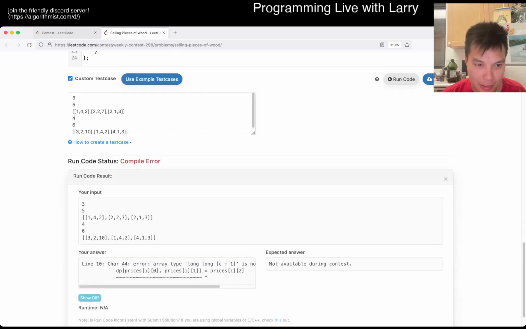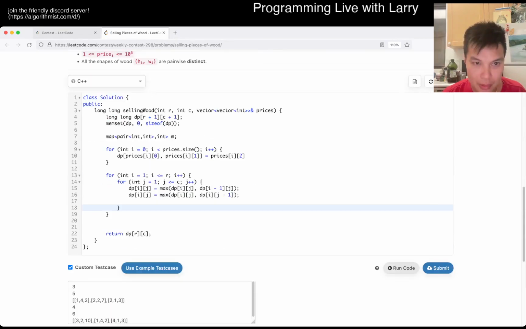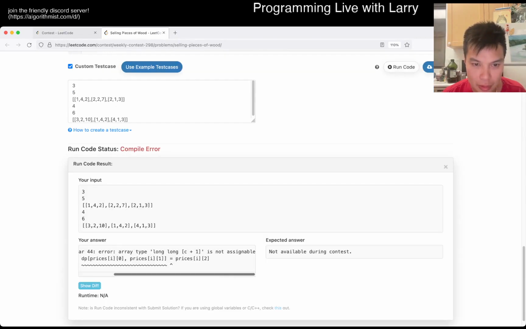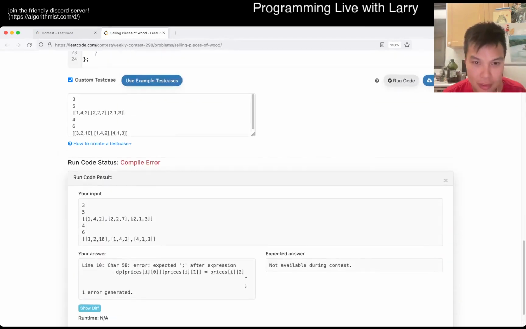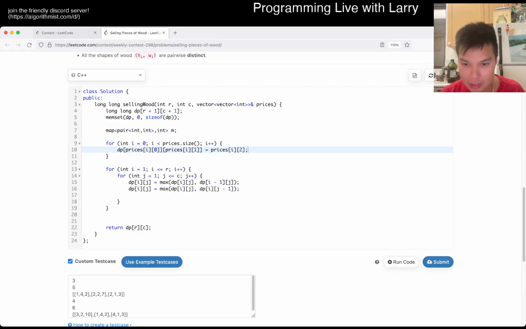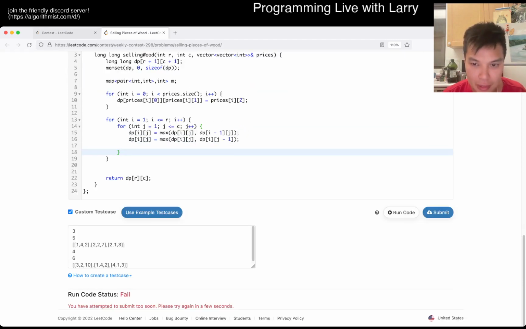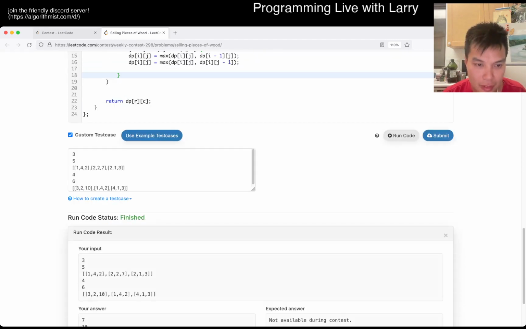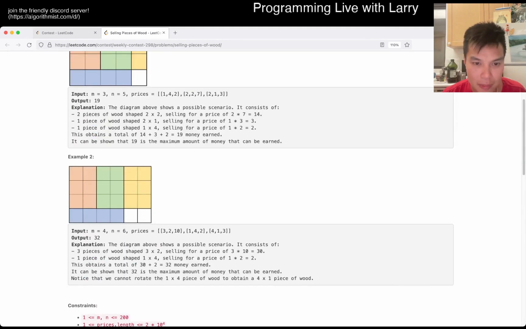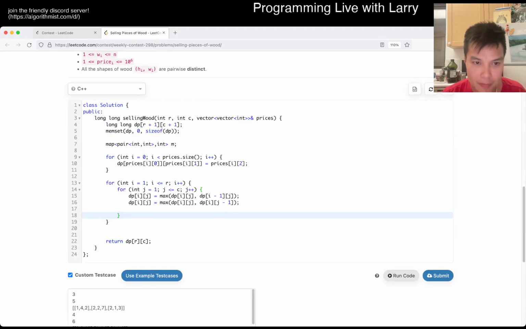Okay, this should give me some non-zero answers, but whoops, wrong language or something. Well, this is why I run it every time, but okay, 7 and 10, which is the biggest piece, I think, so that's fine.